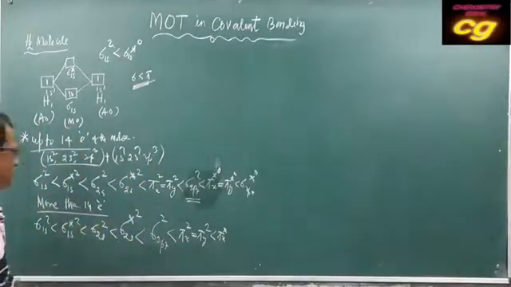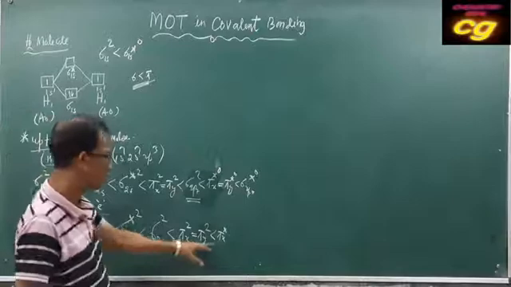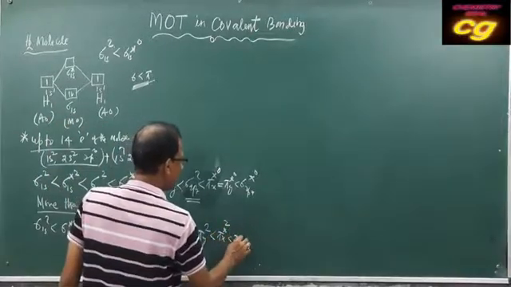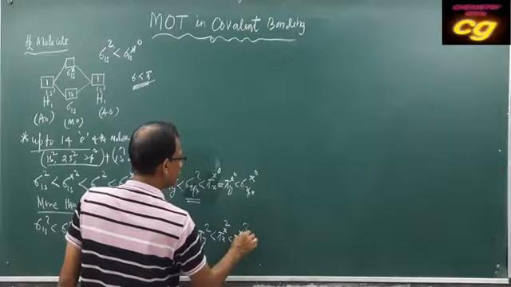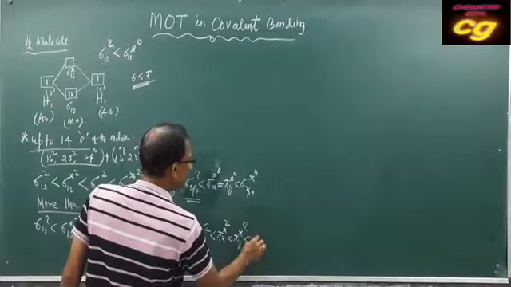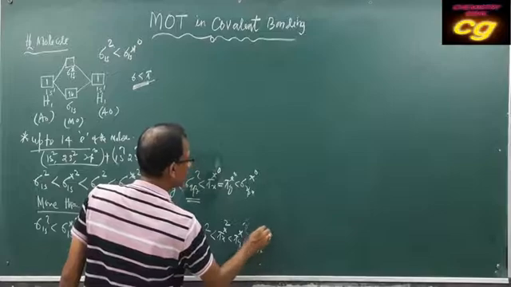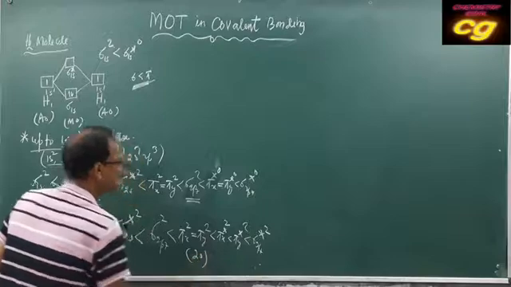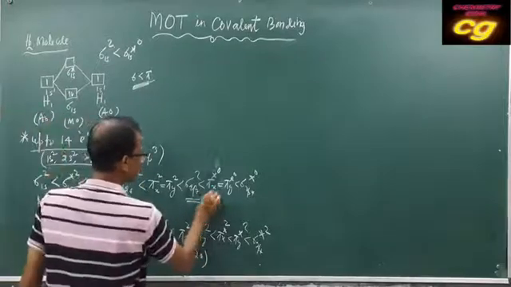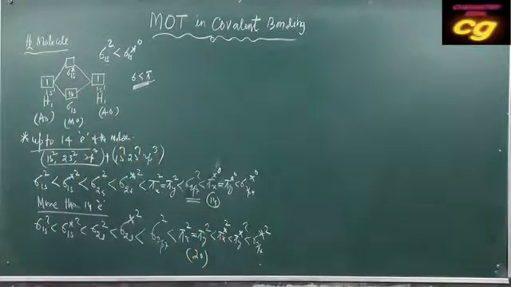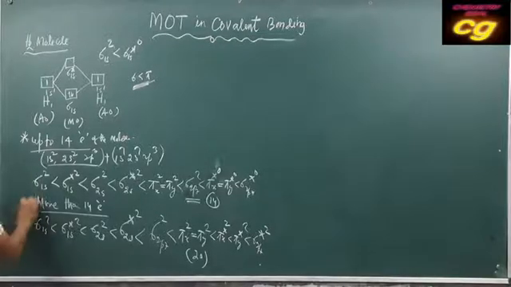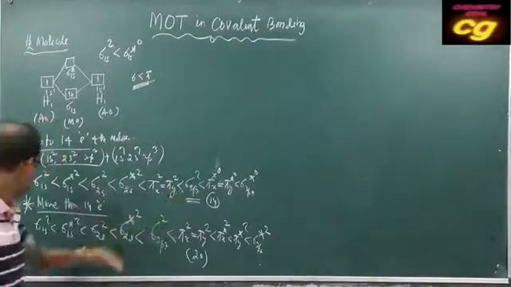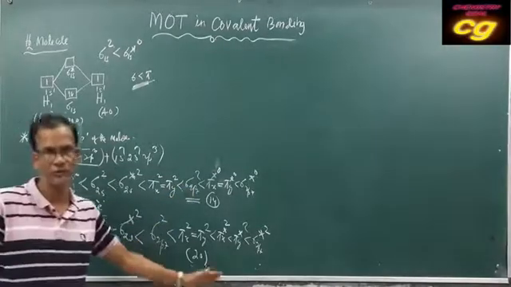More than 14, this is the order: pi x 2, pi y 2, then pi x star 2, then pi y star 2, then sigma 2pz star 2. That means up to 20 electrons. So up to 14 this configuration, and more than 14 this configuration we have to follow.